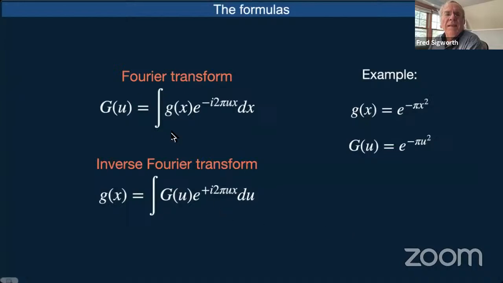And it turns out that the Fourier transform is a sort of interesting integral. You take your original function, you multiply it by a complex exponential that's the product of the original spatial variable and the frequency variable, and you integrate it all up and you get something that has no spatial information in it at all. It's just frequency information.